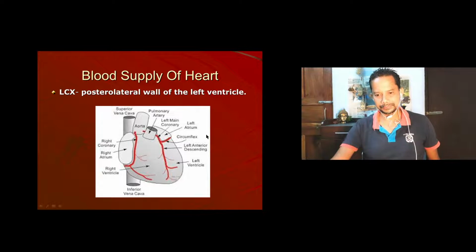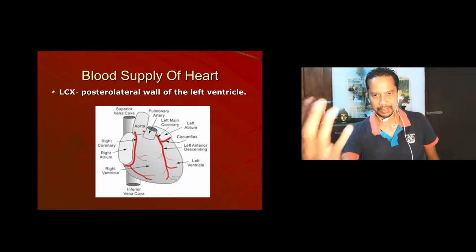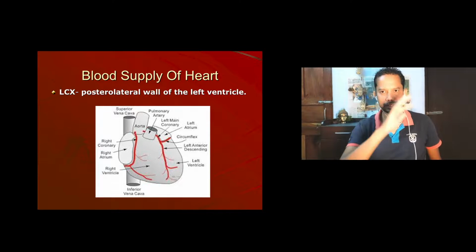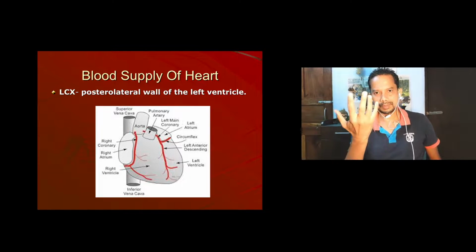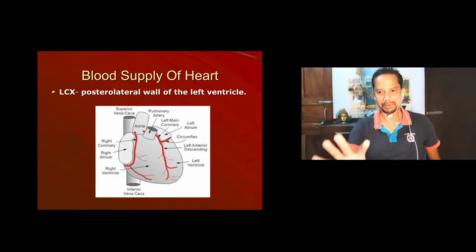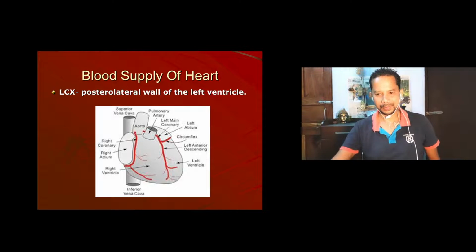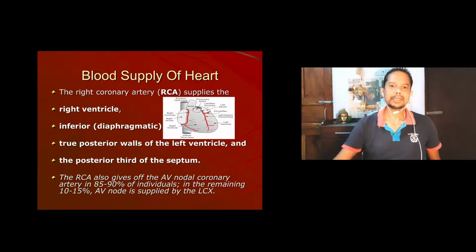Then the right coronary supplies the right ventricle, the inferior diaphragmatic surface, the true posterior wall of the left ventricle, and the posterior one-third of the interventricular septum. When we say posterior wall MI, we are talking about the true posterior wall of the left ventricle. The right coronary supplies the AV node around 85 to 90% of the time.